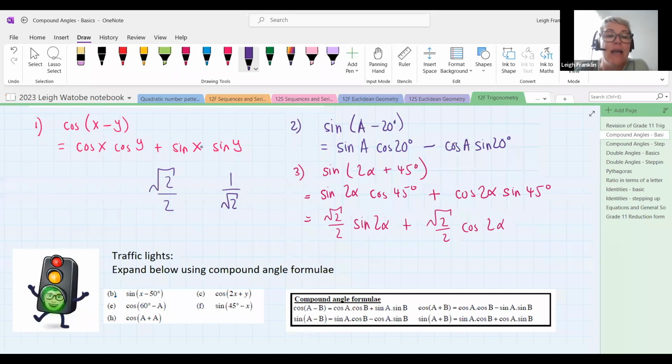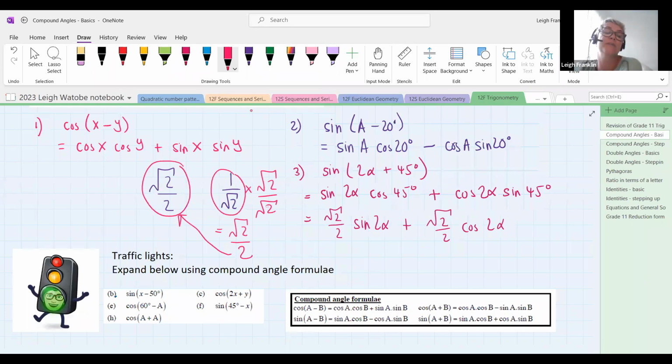But it's actually the same thing, because when we want to rationalize the denominator, we would multiply this by root 2 over root 2. So we end up with 1 times root 2, which is root 2, and root 2 times root 2 is 2. So to be honest with you, you can use this or you can use this. It actually doesn't matter. Both will be marked correct in tests and exams. So don't worry about that.